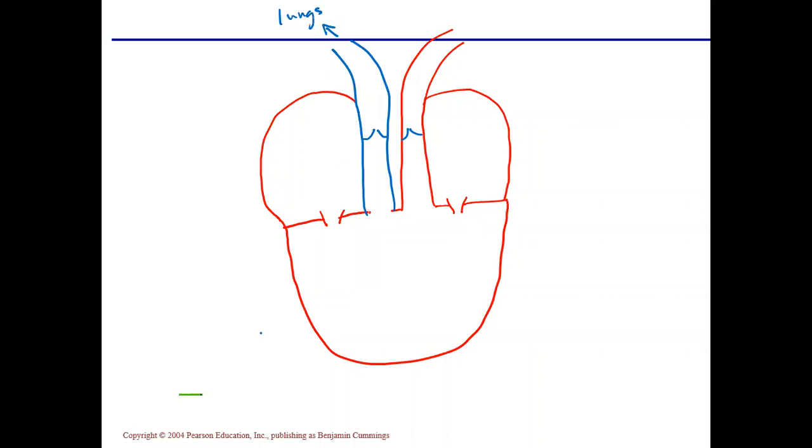We mentioned this in a previous lecture. So this is the right atrium, and this is the right ventricle. It is better to draw the left ventricle with a thicker myocardium, if you remember, and you have the left atrium.